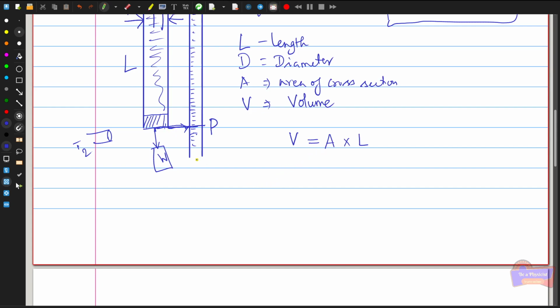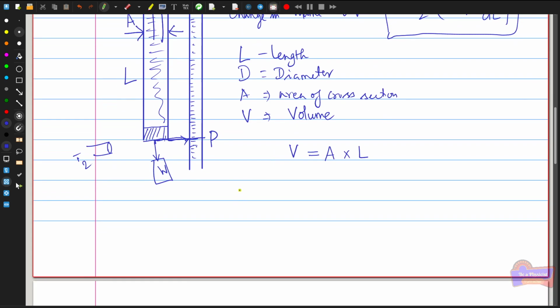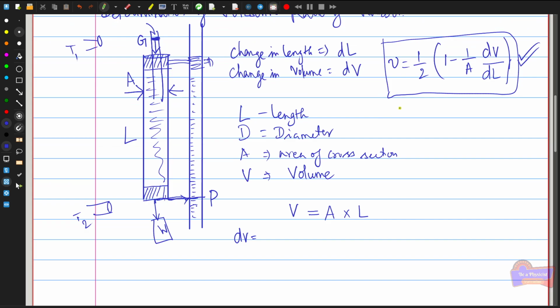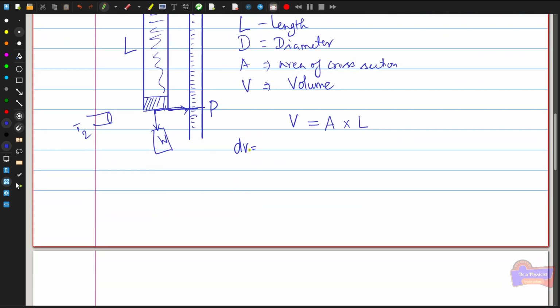When you are doing the experiment and applying a load, there is a change in volume, which is taken as dV. That means there is an increase in the volume, and at the same time dL, the change in length, that means the increase in the length, and the area of cross section also changes, that means there is a decrease in the area of cross section, which can be taken as dA.